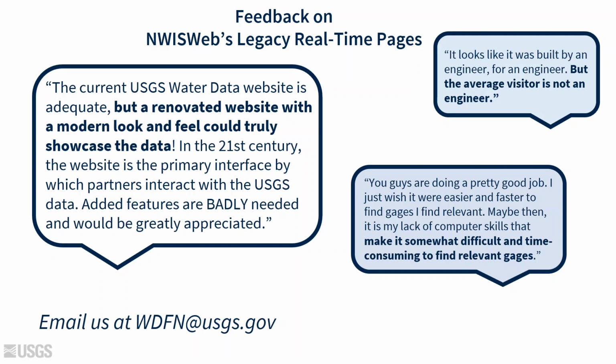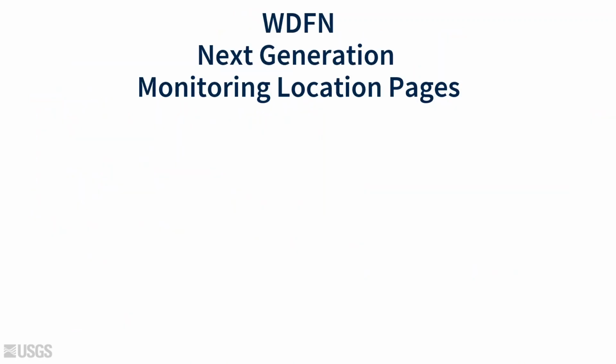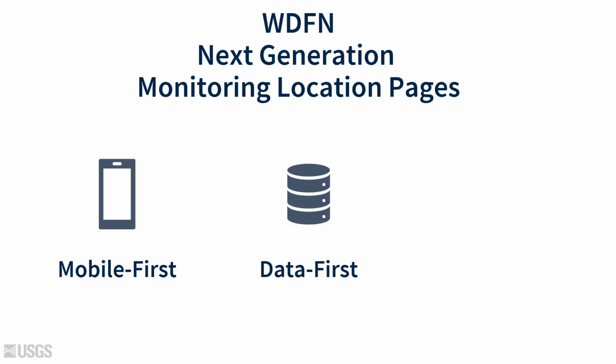At USGS, we want to stay modern with our data delivery, so we needed to make new pages known as Next Generation Monitoring Location Pages, which are hosted by Water Data for the Nation. We want to meet users where they're at, but we know most users access these pages on mobile devices, so we made Next Gen pages mobile first. We also know users want the information they prioritize at the top of the page, so we made next-gen pages data first, putting a single hydrograph at the top.